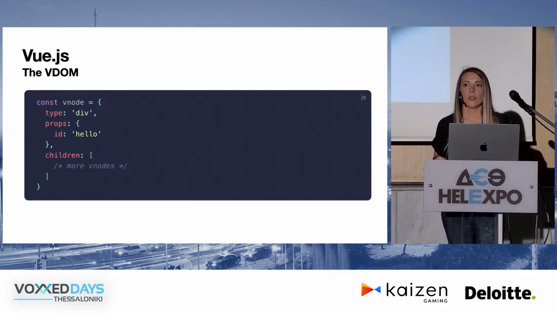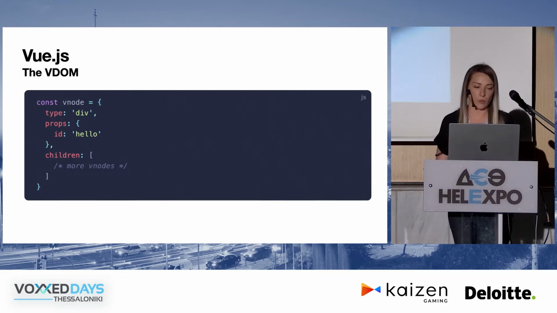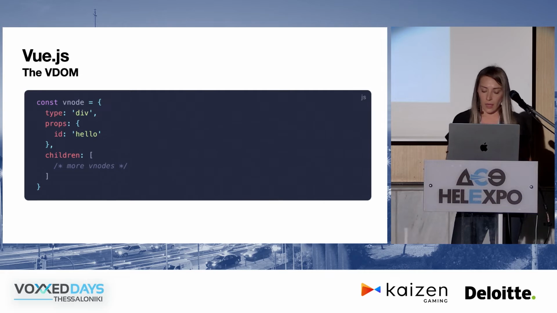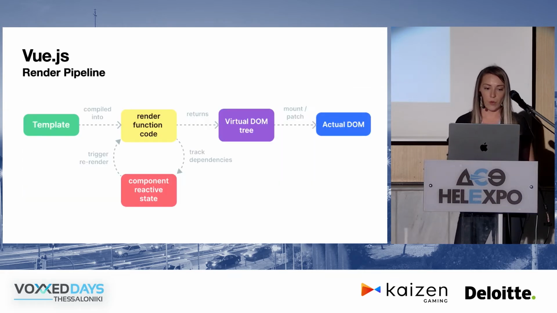So basically the virtual DOM is just an object describing the nodes that we have added in our code. A quick example, a very small one, would be something like this. The virtual DOM needs all the details of the element we have added. This is done by the framework itself.